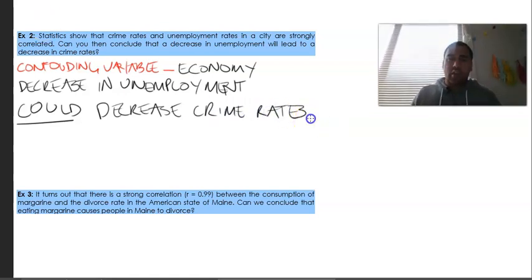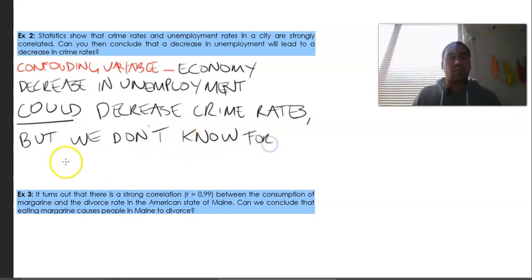It could decrease, but we don't know this for sure.